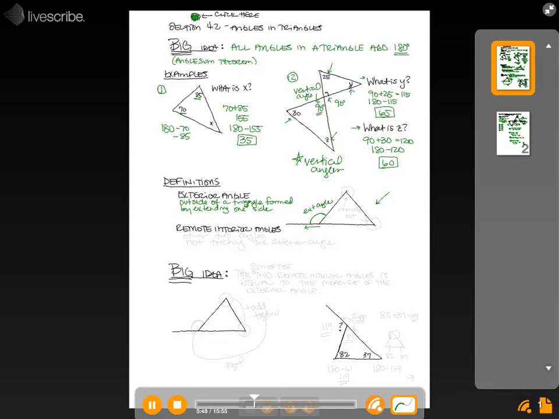The remote interior angles are the other two angles not touching the exterior angle. Okay, so these are our remote interior angles.